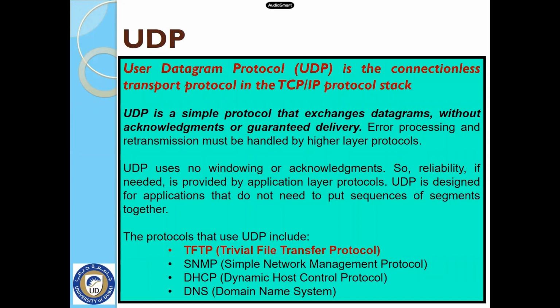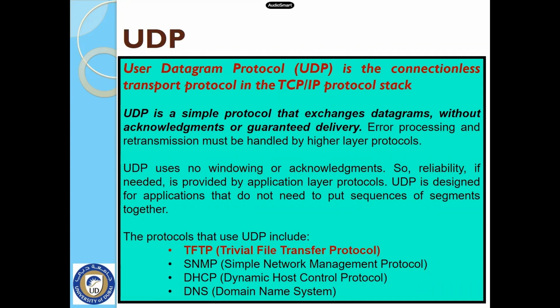There is no guarantee at all that the message was sent or was delivered to the destination. You just sent a message. So error processing and retransmission must be handled by higher layer protocols. In TCP, that's already handled, because for each packet you send, you receive an acknowledgement. In UDP, you don't have that. So in order to ensure reliable delivery, some higher level protocols will be added to it.